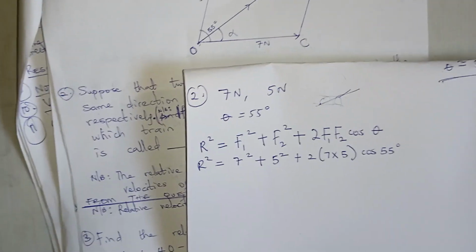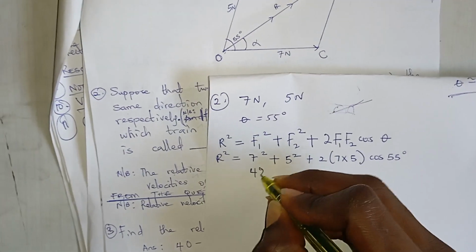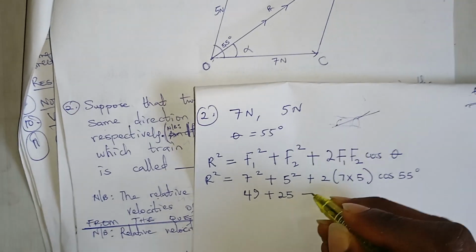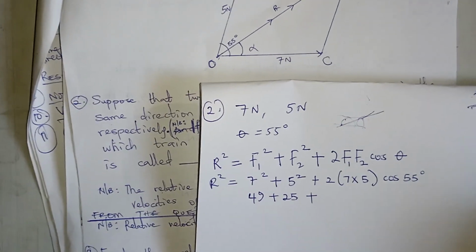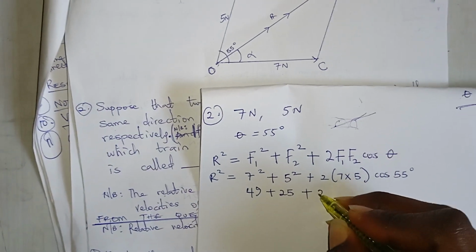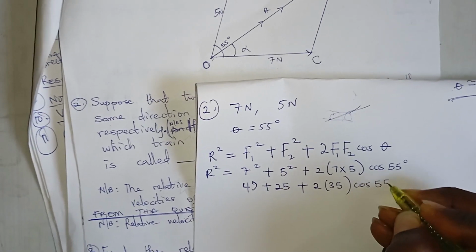So I'll now punch 7 square is 49, 5 square is 25, plus 7 times 5, I know it's 35. Then if I put 2, let me just be doing it accordingly, cos 55 degrees.